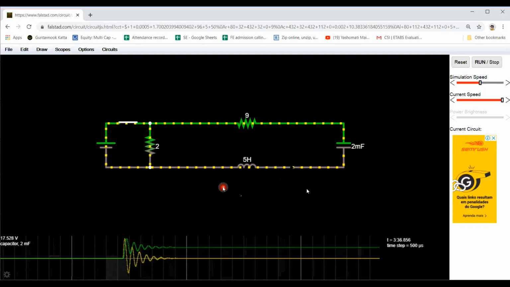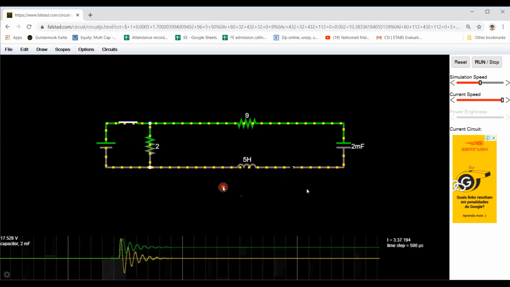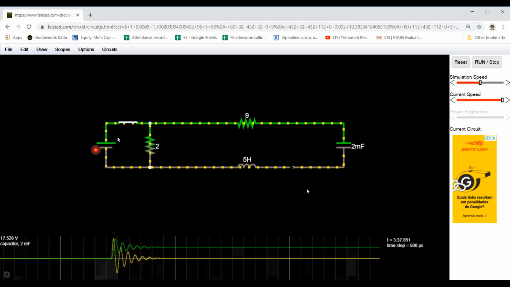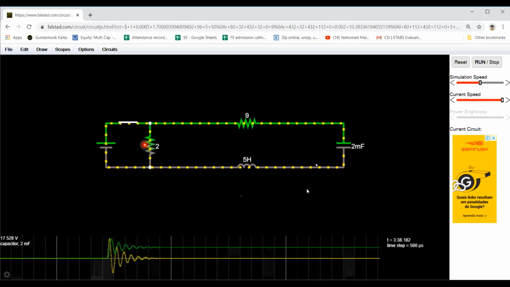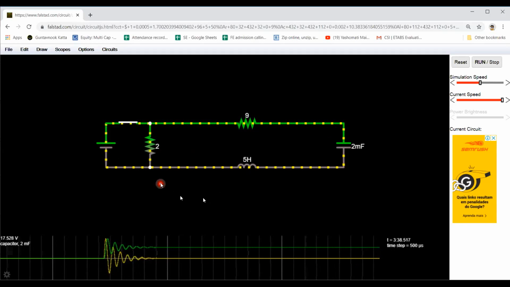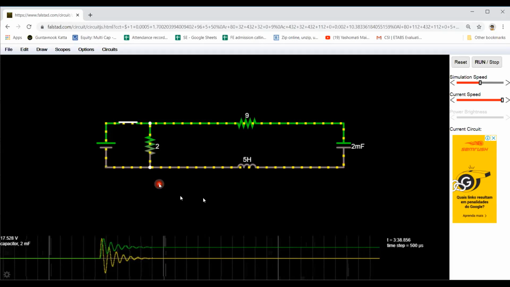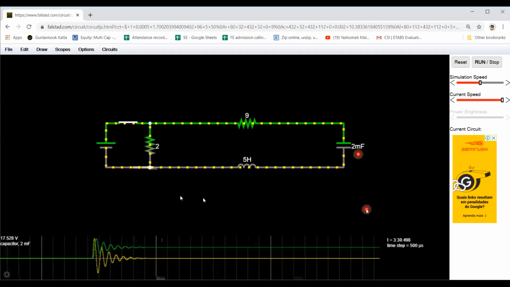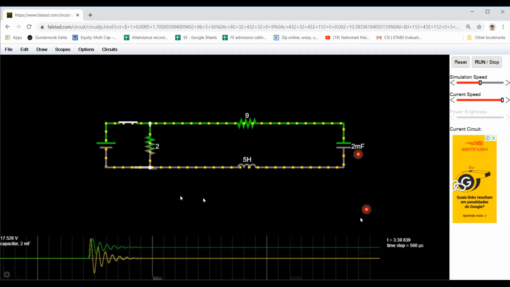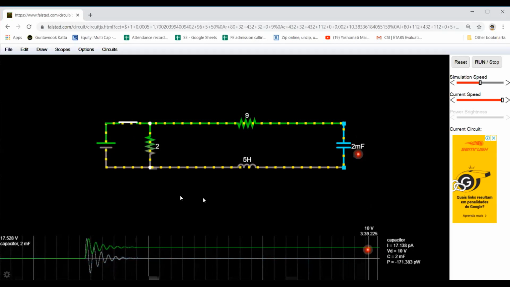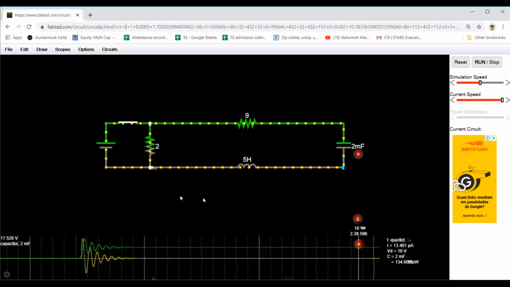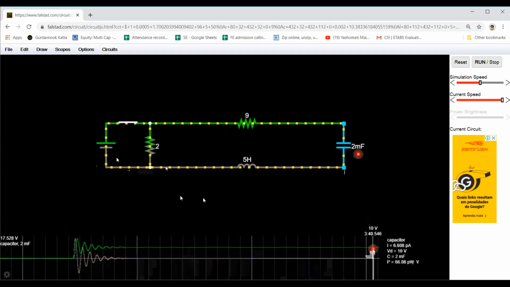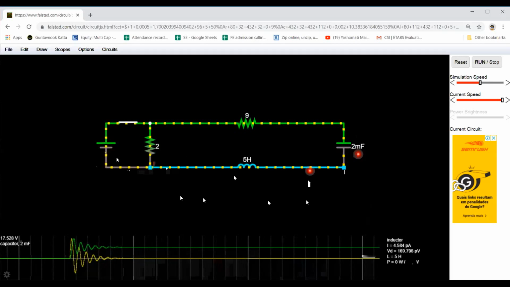Okay. Now, this is the forced response. If you want to see its source-free response, it means the source was connected to this circuit for an infinite amount of time, so the steady state has already been achieved, that is, the voltage on this capacitor is equal to the supply voltage. You can observe on this screen that it has reached the value of 5 volt, or whatever supply voltage you have applied, and the value of current is 0.